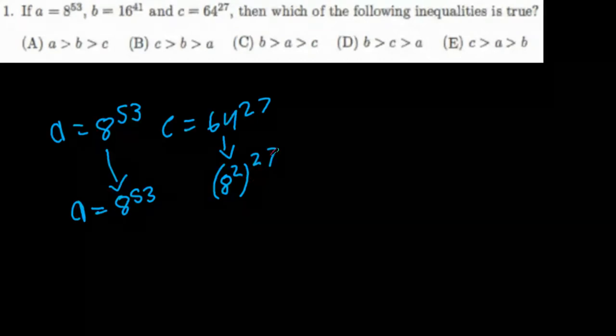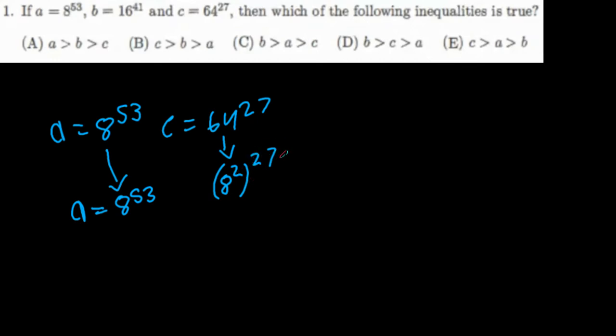So a equals 8 to the power of 53. Now what's 8 squared to the power of 27? Well, 2 times 27 equals 8 to the power of 54.